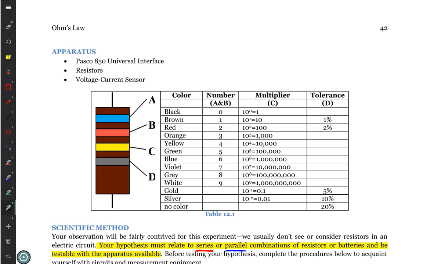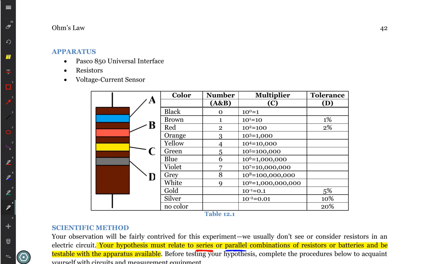Ideally, one band is closer to the edge than the other band is to its edge, and you start with the one that's closer to an edge. But this is pretty symmetric. We have the color code, and the first 3 bands are going to be black, brown, red, orange, yellow, green, blue, violet, gray, or white.